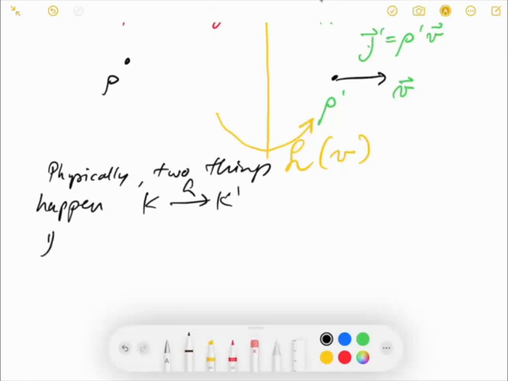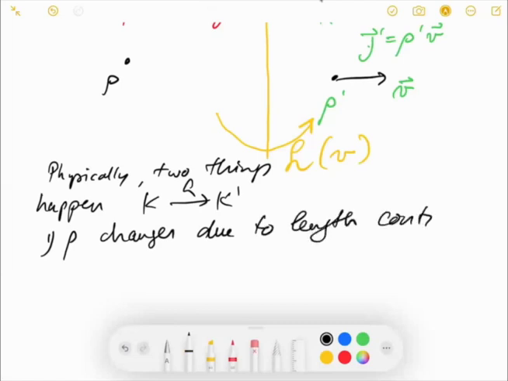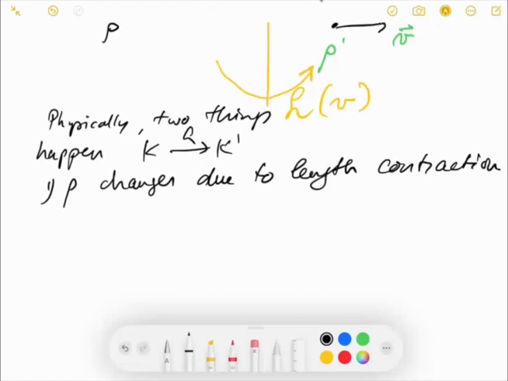One is that rho changes due to length contraction. All right, because rho is charge density, and we're changing the structure of space-time, right? We're changing what we call 1 meter, so rho is going to change. So what does that mean?